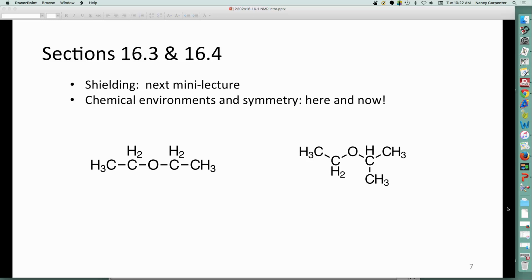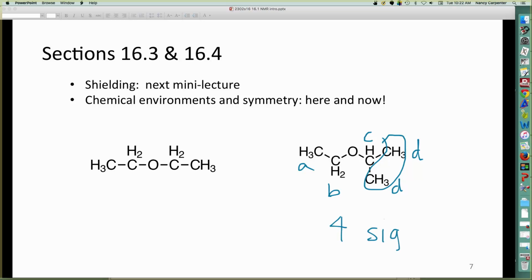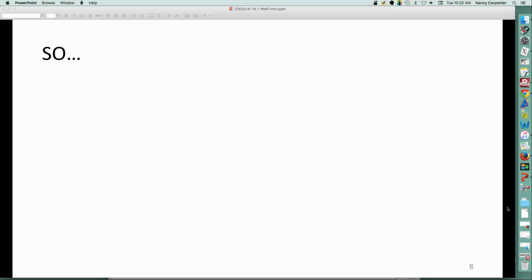So going back to our previous slide, that means when I look at this molecule, I have A, B, C, D, D. These are all identical in terms of symmetry, and I would expect to see 4 sets of signals for that particular ether and 2 for the one on the left. So symmetry really helps us predict what we're going to expect to see in the proton NMR spectrum.